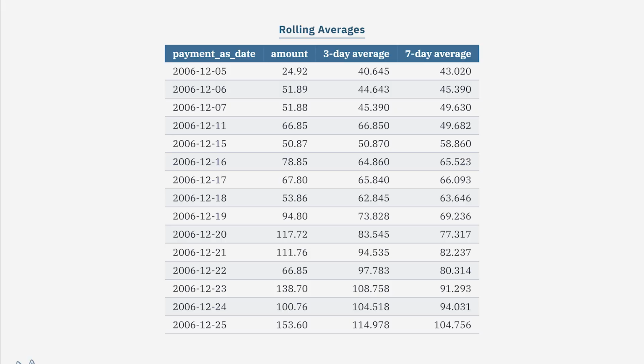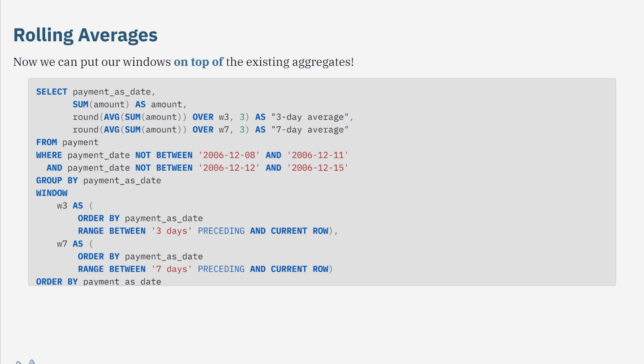Here's an example of that, where you've got the 3-day average and the 7-day average, and because I removed days around the 11th of December, 2006, you can see the amount, which was 66.85. So I was actually correct here. It is the sum, but we're putting the average on top of an actual sum.